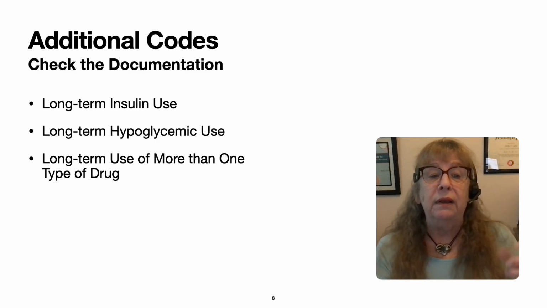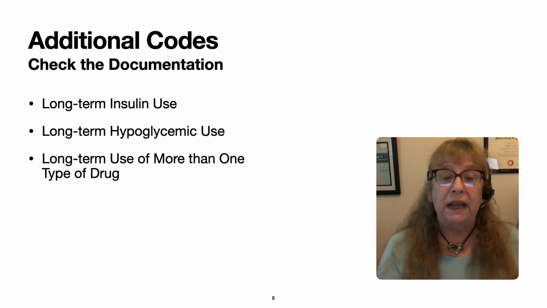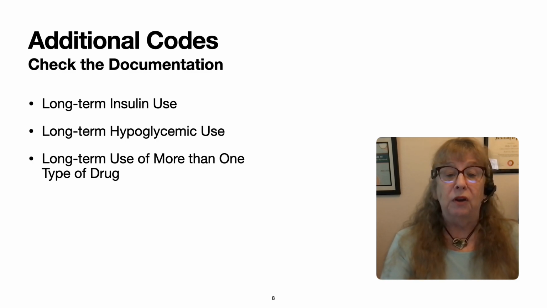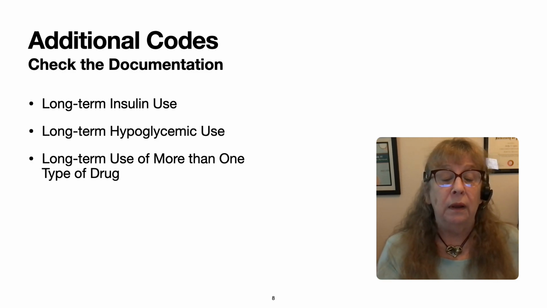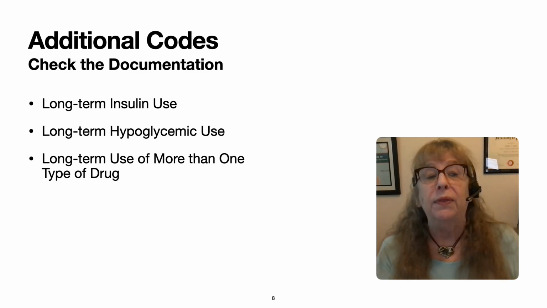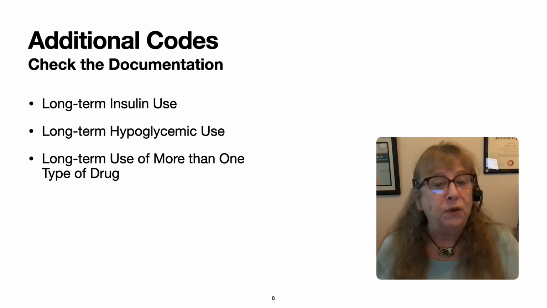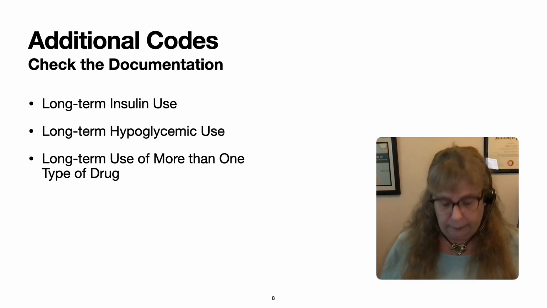Oral hypoglycemic use would indicate there are special medications to address type 2 diabetes, not the same as type 1. If the patient has been on these type 2 hypoglycemic drugs long term, that needs an extra code. And if there's more than one type of drug in long-term use, you need to report that also. All part of our jobs to tell the whole story.